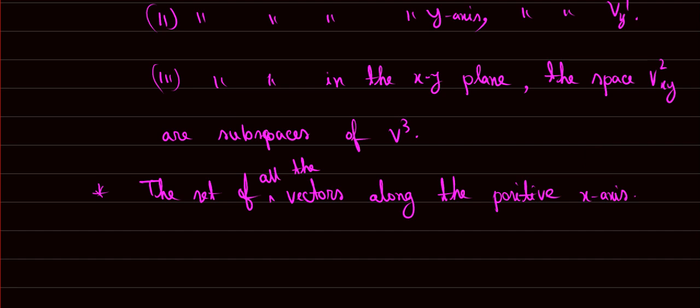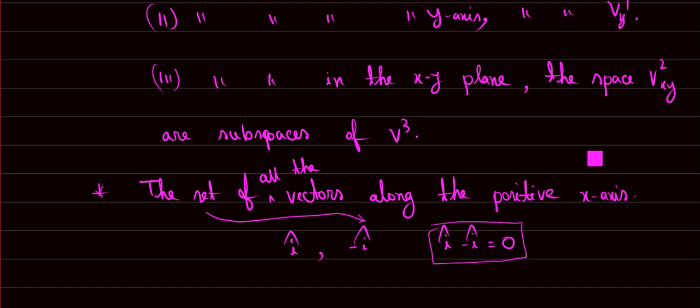They do not form a vector space as the vectors in this set do not have inverse vectors to fulfill the axioms of a vector space. So if we have vector i cap, we don't have another vector minus i cap, so that i cap minus i cap can be equal to the zero vector. As this set does not follow the axioms of a vector space, it is not a vector subspace.